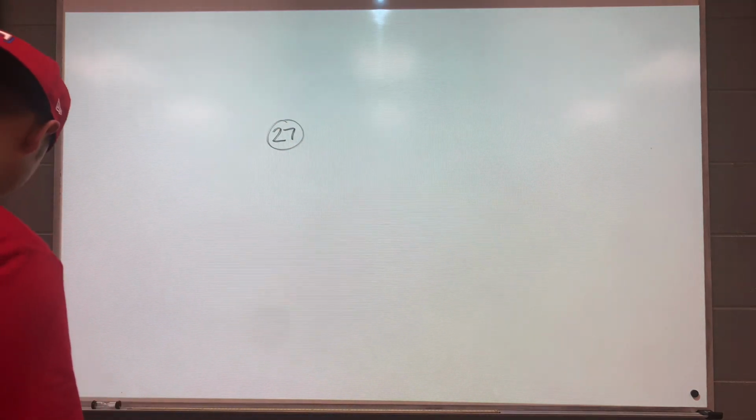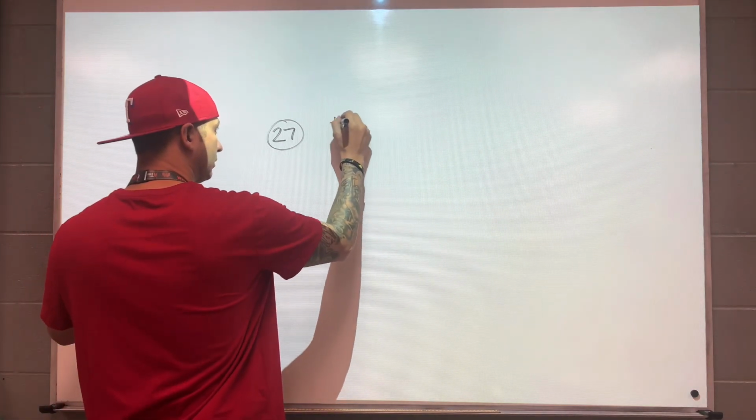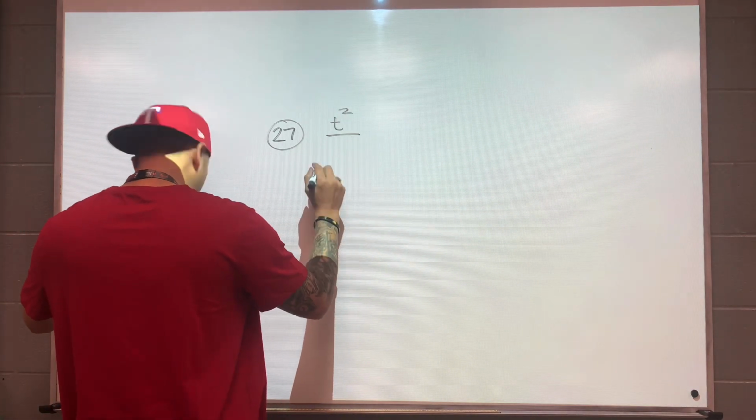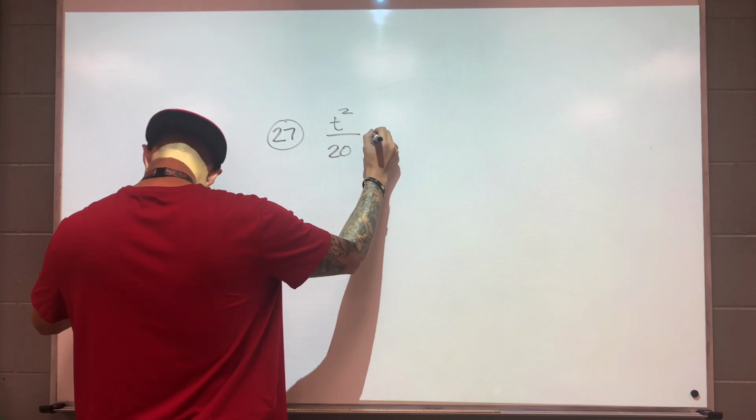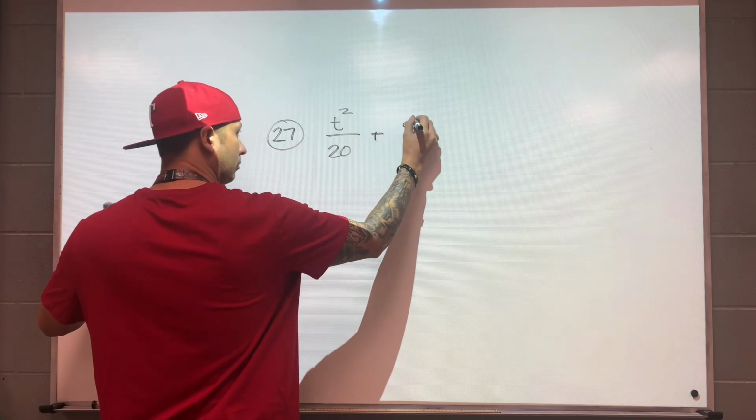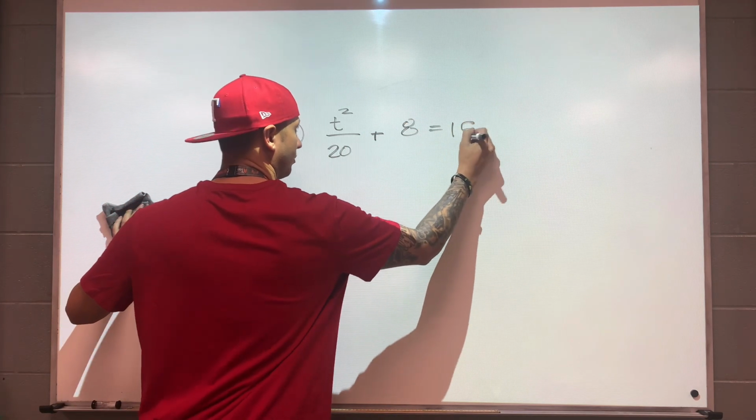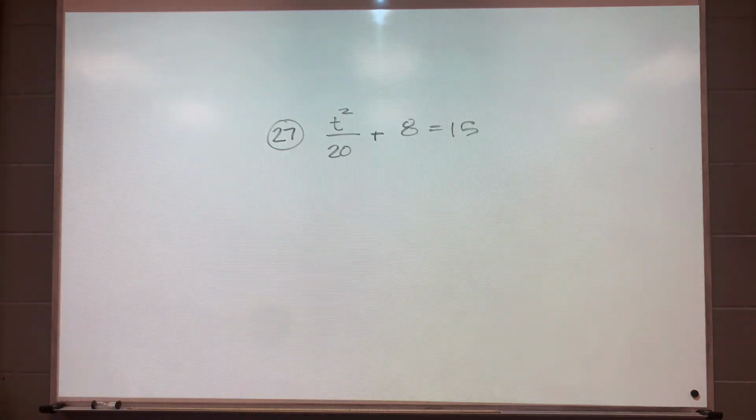All right, 27. t squared divided by 20 plus 8 equals 15.